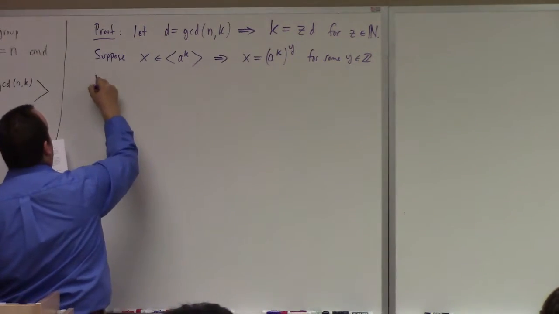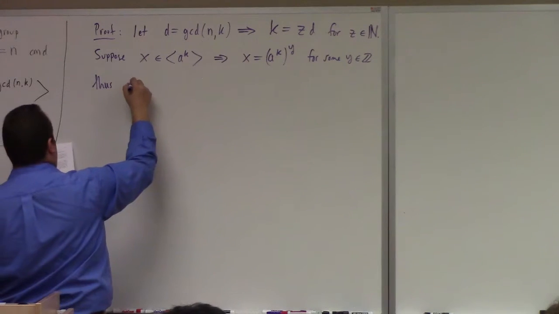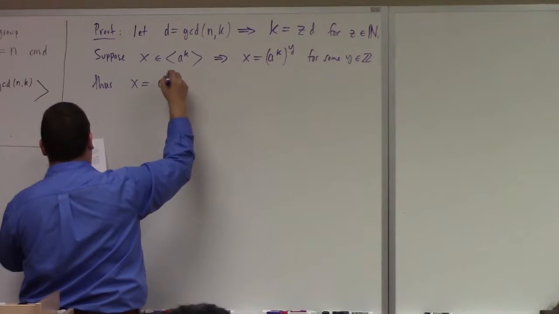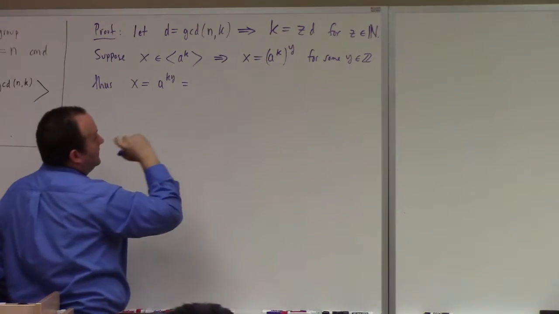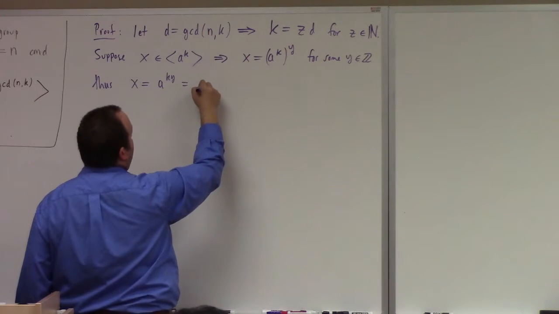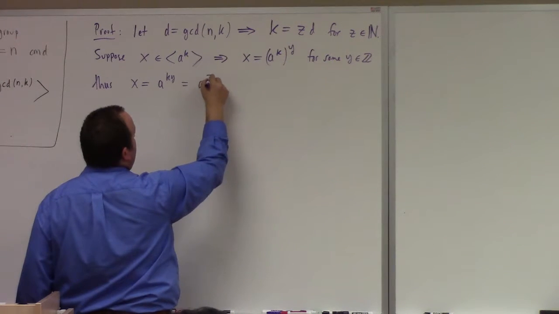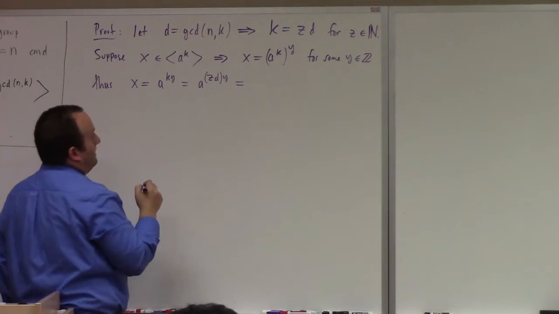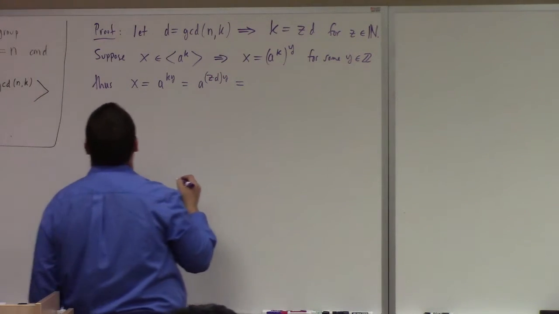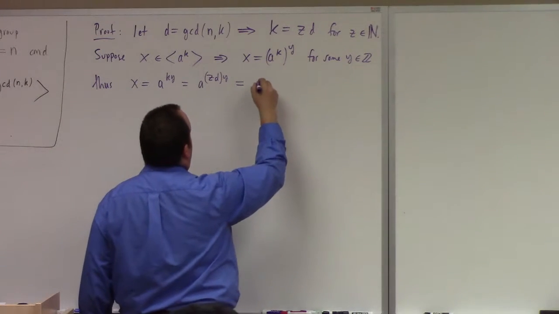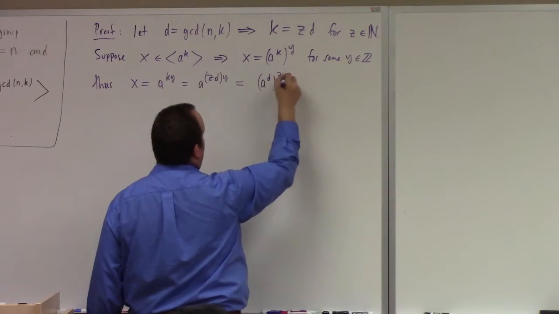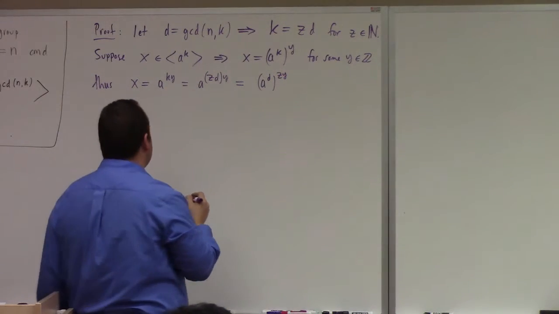And thus we have x is equal to a to the k times y. But what's that equal to? That's equal to a to the zd times y. But of course that's a to the d to the zy power, by laws of exponents.